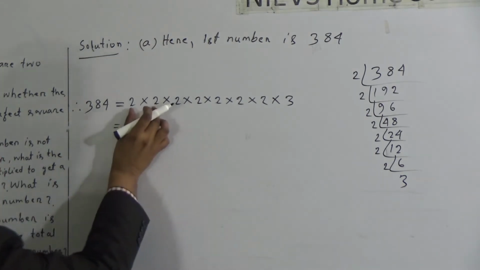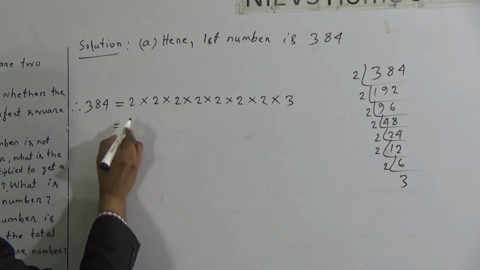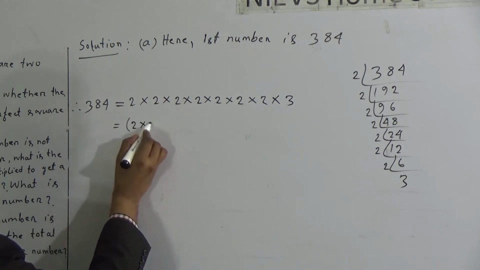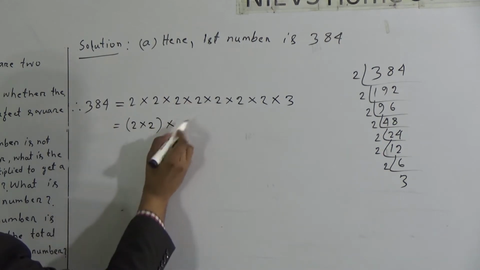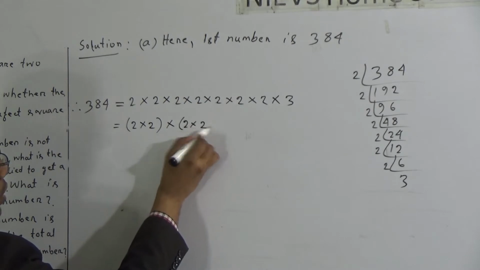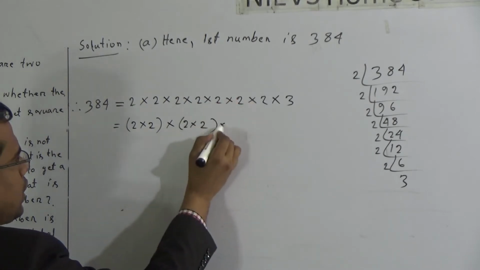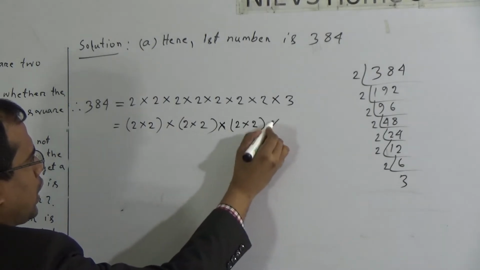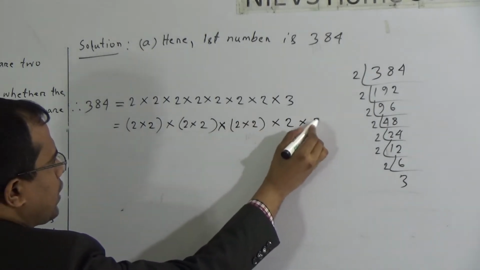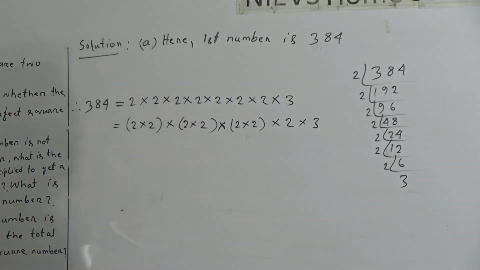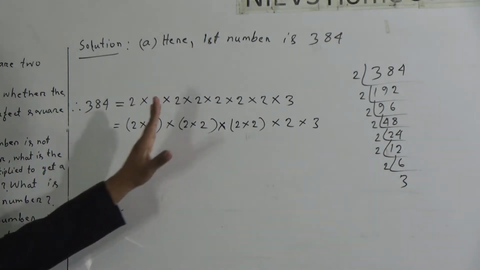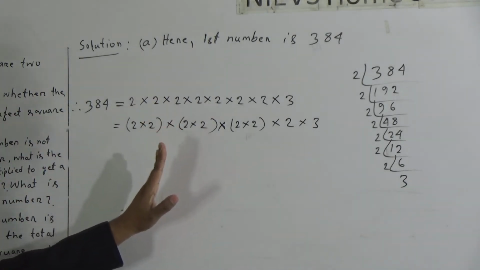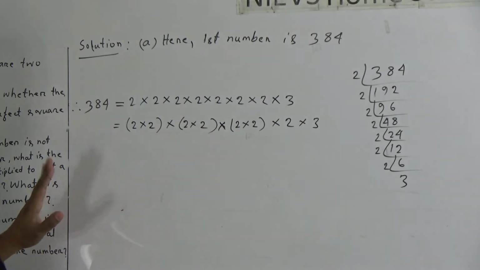At first taking these two 2s we can make one pair, 2 multiplication 2, and taking these two 2s we can make another pair, 2 multiplication 2. Again taking these two 2s we can make another pair, 2 multiplication 2. Dear students, this 2 has no pair and this 3 has no pair. That means 384 is not a perfect square number.